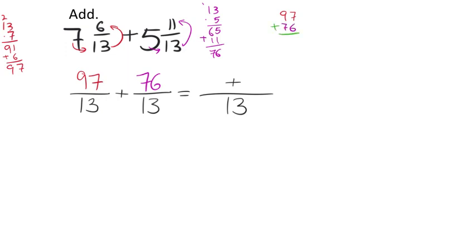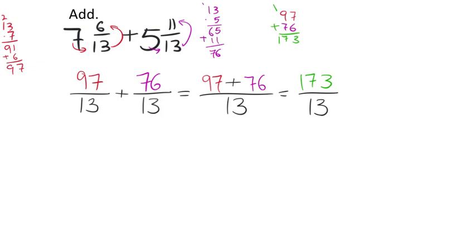So let's do that. 97 plus 76 is going to give me a new numerator. We're going to keep the denominator the same. Let's add these together. 7 plus 6 would be 13. 1 plus 9 is 10, plus 7 would be 17. So 173. This is seeming already much better.